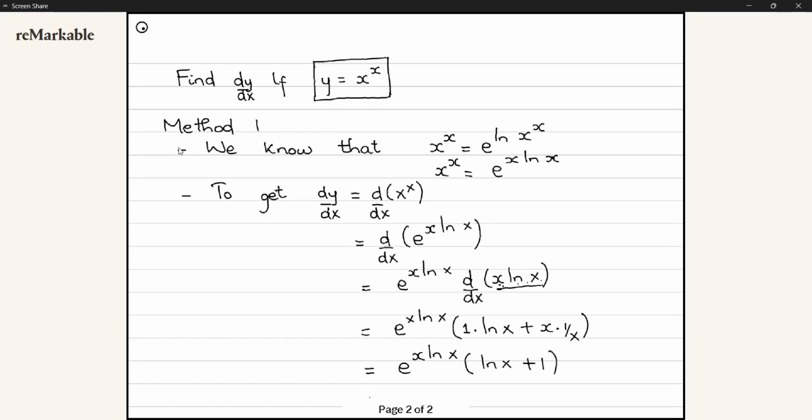But at least I know that e to the power x natural log of x is the same as x to the power x. At least we deduced it from this. And the whole expression will read x to the power x times the natural log of x plus 1. And that's the answer.